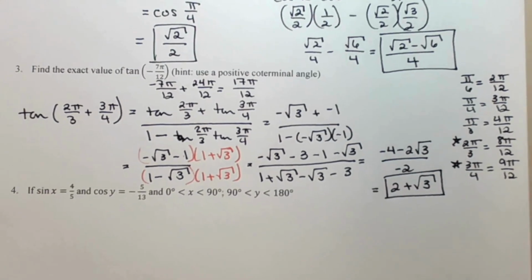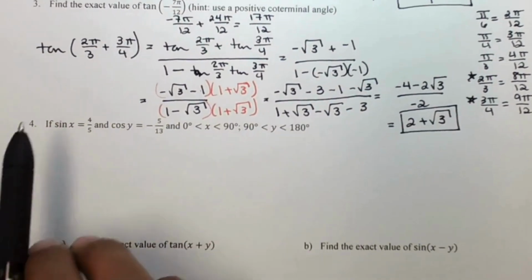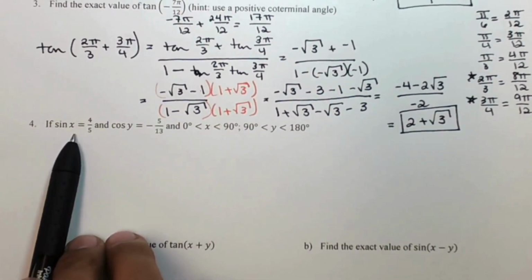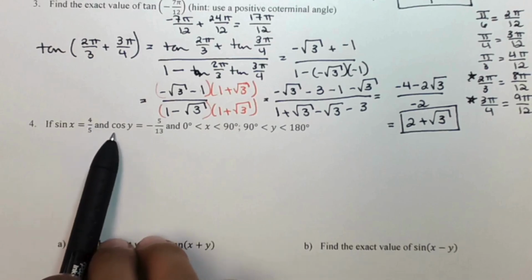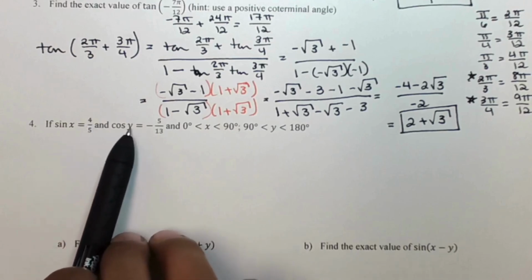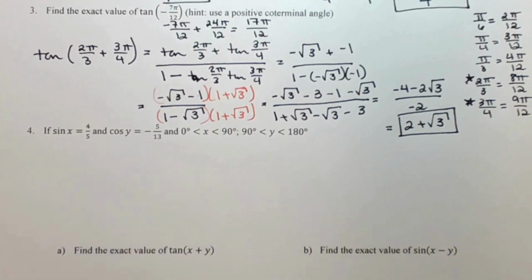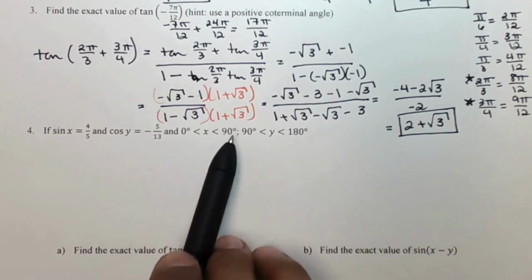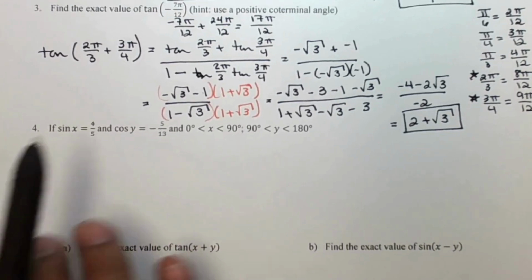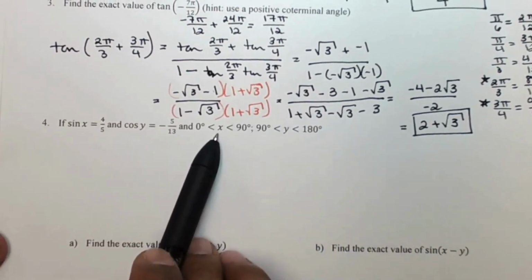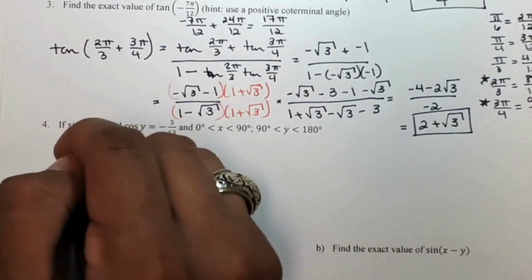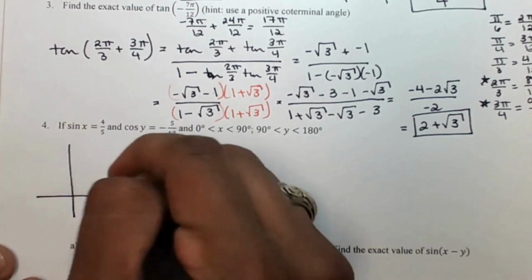All right, what else could we do with this? Well, we could give you a trig function of one angle and tell you its ratio. We can do this with a trig function of a different angle and a different ratio, or it could be the same one. And then we're going to tell you a range where that angle is. If x is somewhere between 0 and 90, that means my angle x is somewhere in quadrant 1.